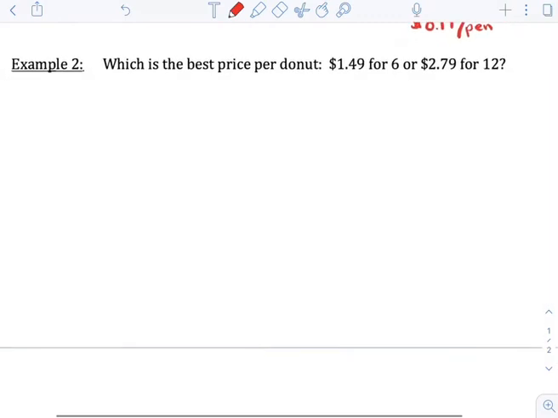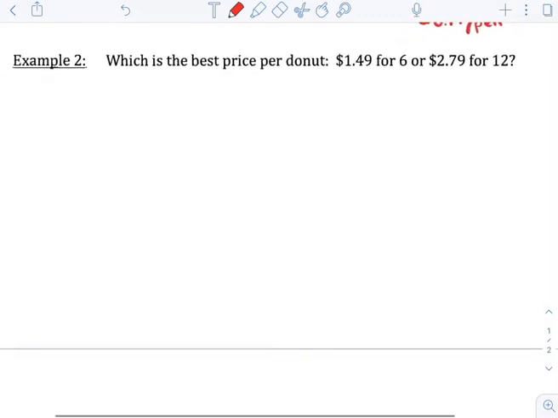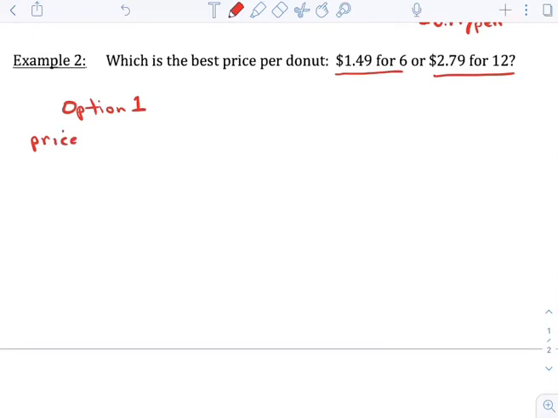So, which is the best price per donut? You go to Tim Hortons or something, you find out it costs $1.49 for 6. Maybe these are Timbits. And you can also buy 12 of them for $2.79. And you say, which is better? So, let's break them down. I'm going to break them down to option 1. That is price, number of items.